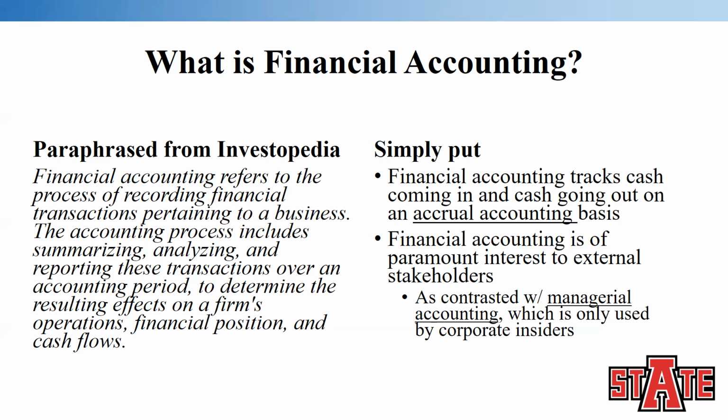Financial accounting can be contrasted with managerial accounting, which is only used by corporate insiders. Managerial accounting looks at things like break-even analysis, contribution margins, what level of operating profit is earned per unit sold, what degree of operating profit is earned per business division.